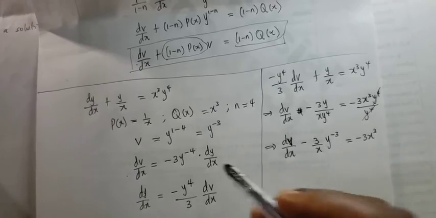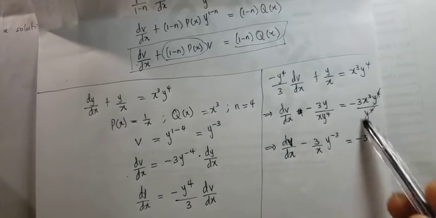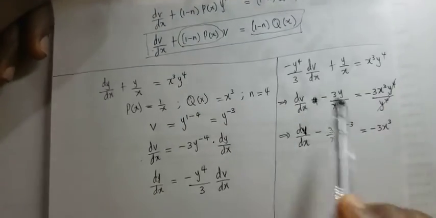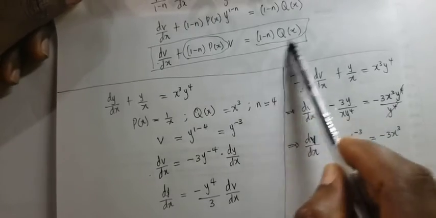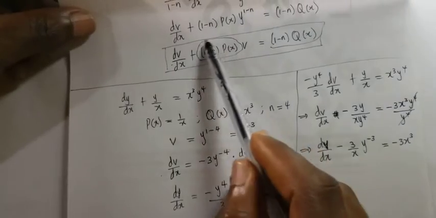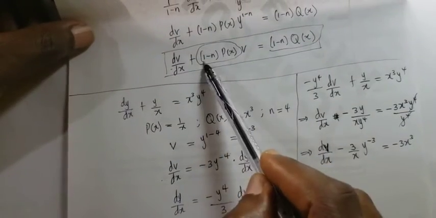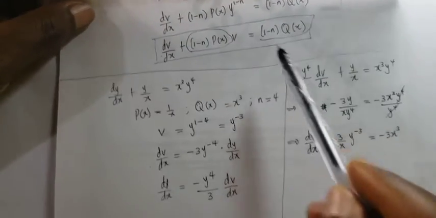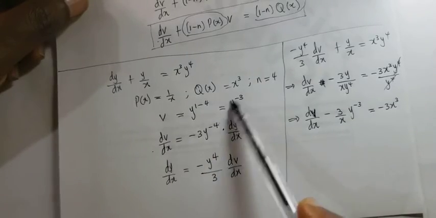If you have done the substitution properly, you always end up with a function here that depends only on x, and then it's multiplied by v. Of course you know that v is y raised to power minus 3.